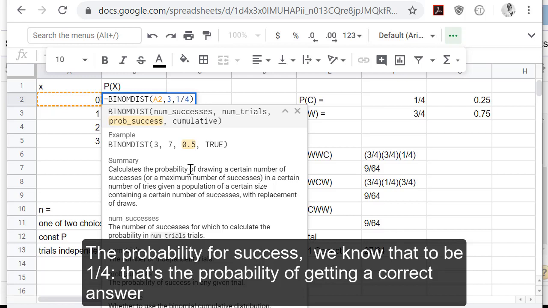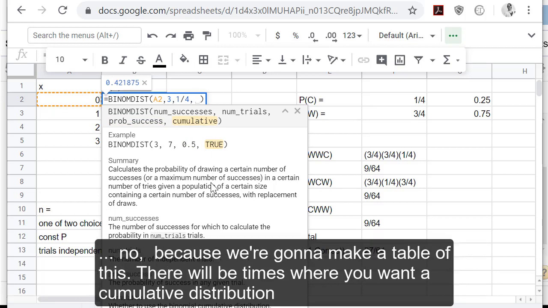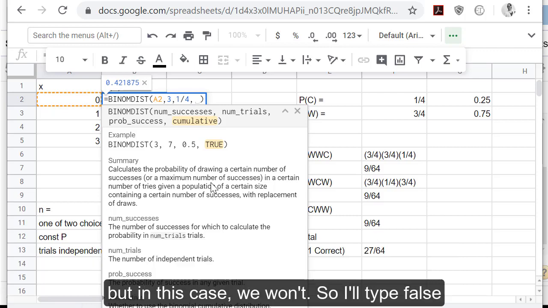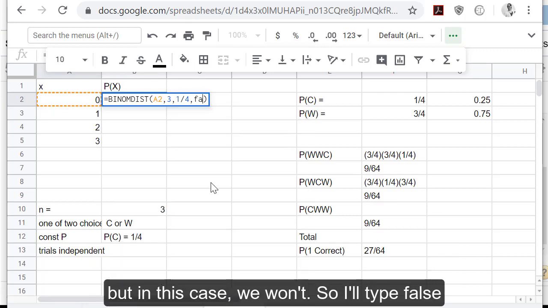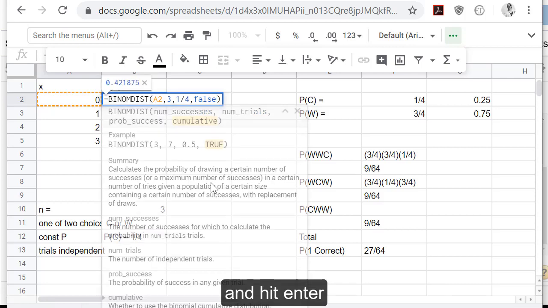That's the probability of getting a correct answer. And then they're asking us, do you want this as a cumulative distribution? No, because we're going to make a table out of this. There will be times where you would want a cumulative distribution, but in this case we won't. So I'll type false and hit enter.